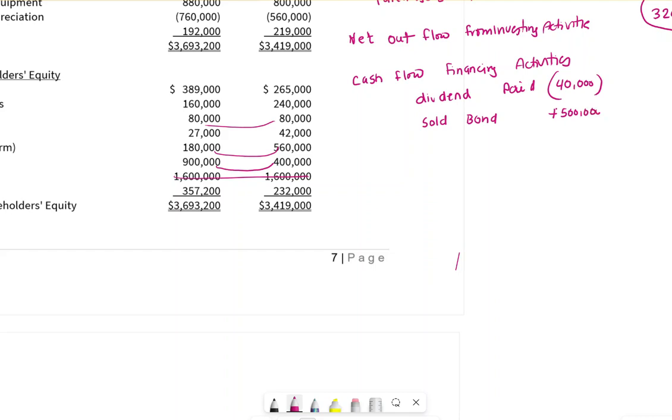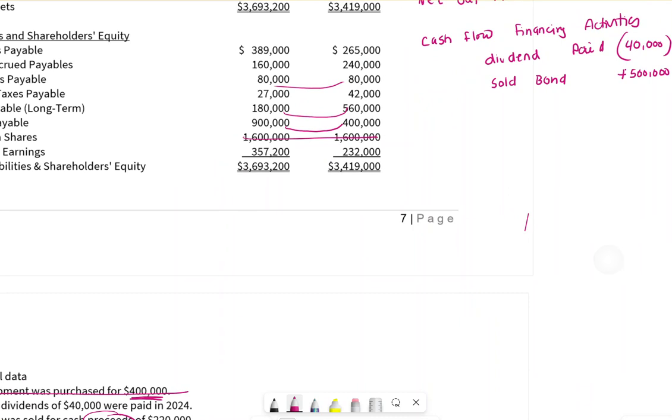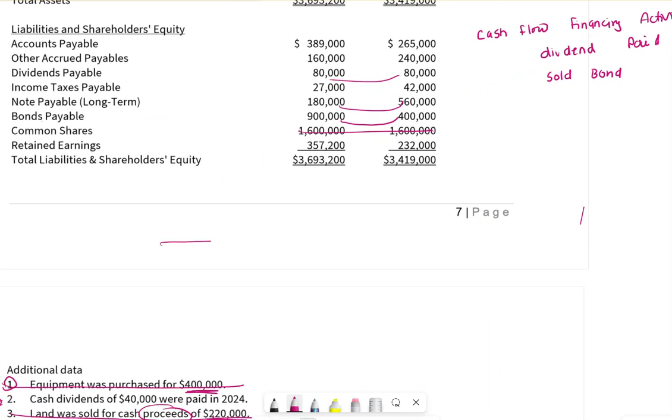And then something is happening with my next one, notes payable. There's a change in notes payable. If I were to look at a notes payable, this is my notes payable. I started off with 560,000. I end up with 180,000. If you issue a note, it goes on the credit side.